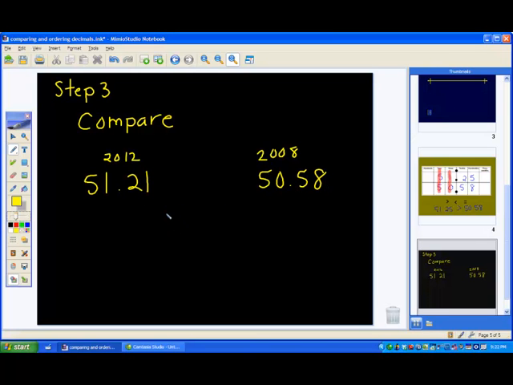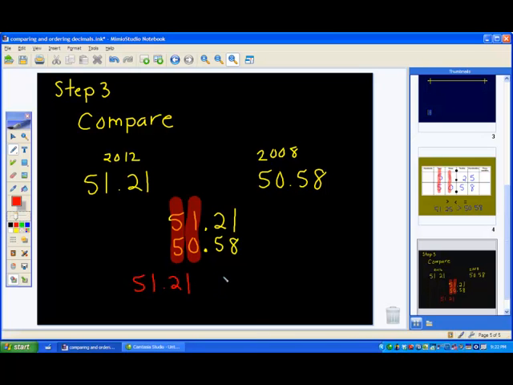According to our steps, I line up the decimals, so I'm going to rewrite these two numbers. And I've lined up my decimals. Do y'all see that? I'm going to compare in the tenths place. Here's my difference. I have a 1 and a 0. So 51.21 hundredths of a second is greater than 50 and 58 hundredths of a second.